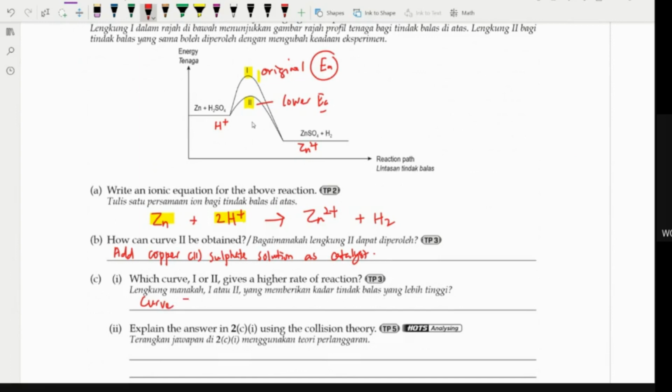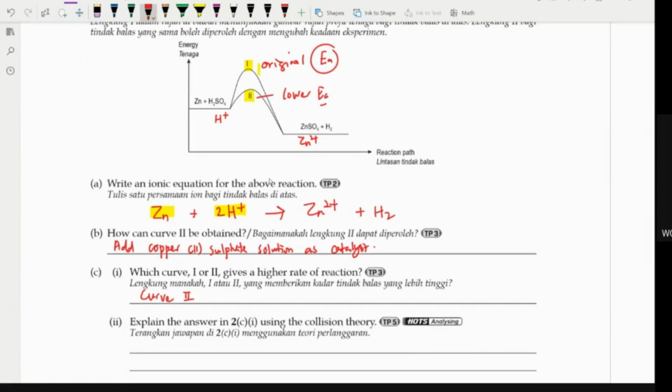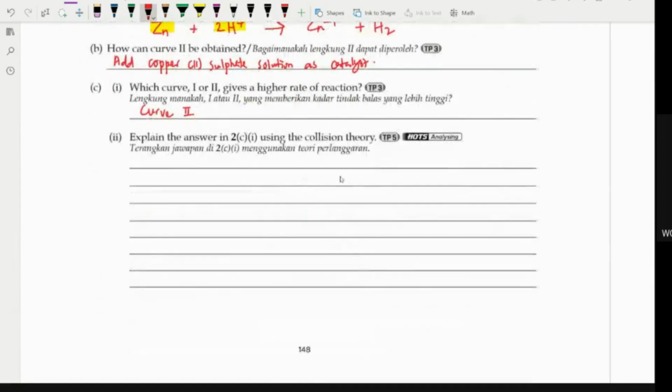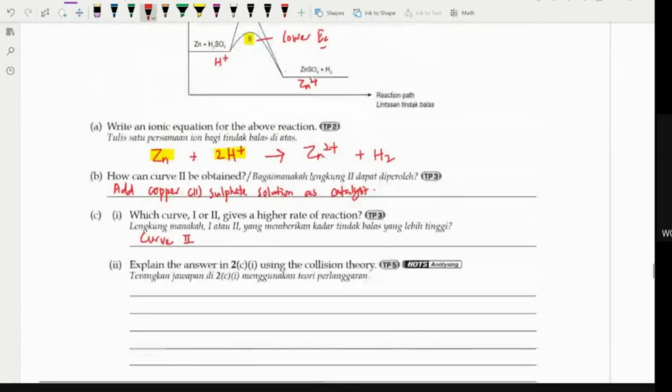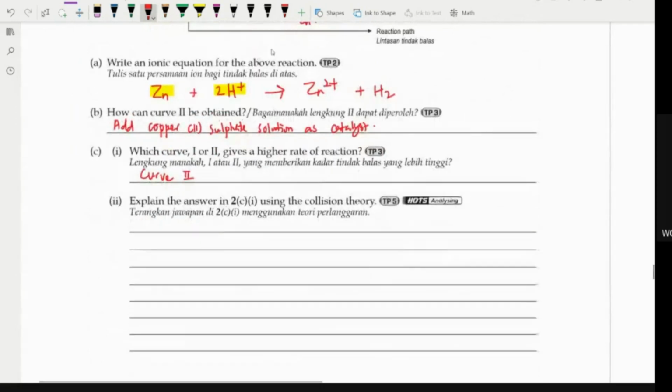Curve 2, because of the lower activation energy. More collisions can overcome the lower activation energy easily. So this is collision theory, where we use the factor of catalyst.